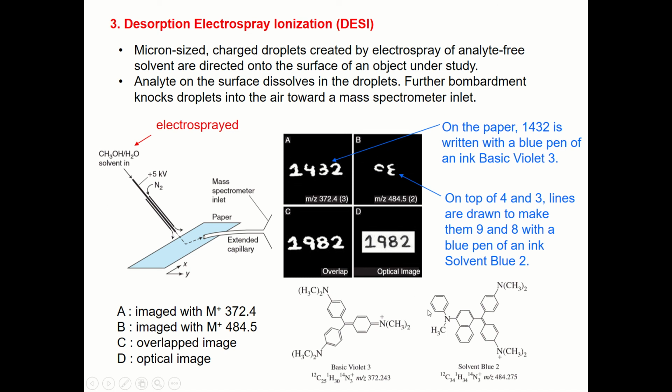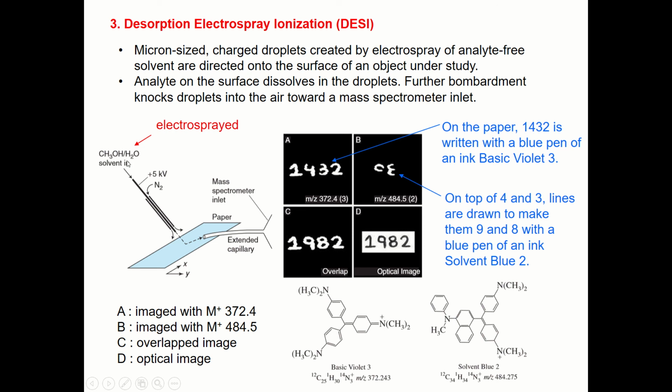With the optical image, the optical microscope, you don't know whether this number, 1982, is composed of two inks. But with desorption electrospray ionization, it is easy to differentiate. How do you do that?